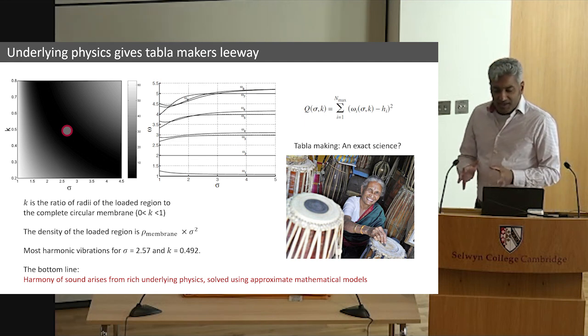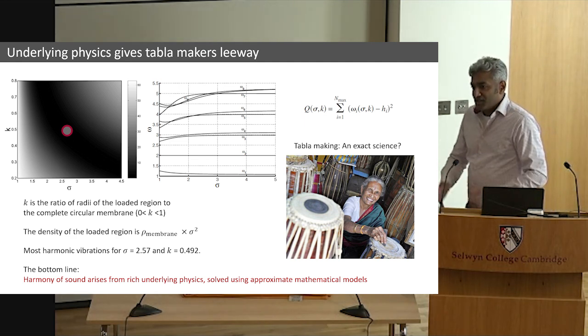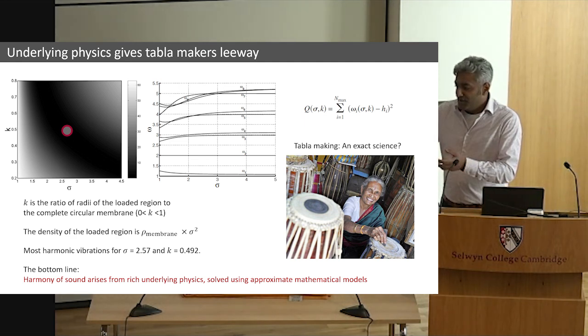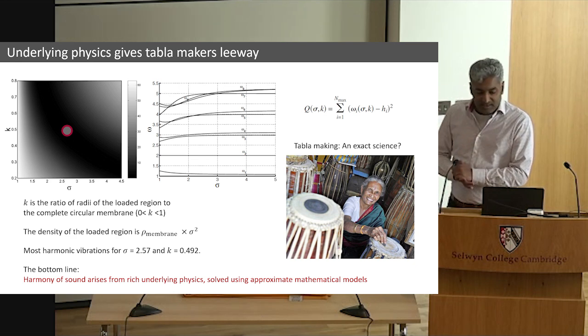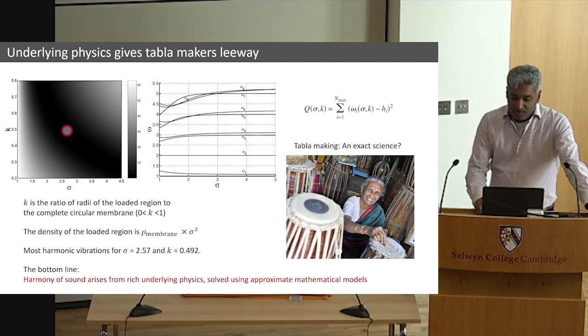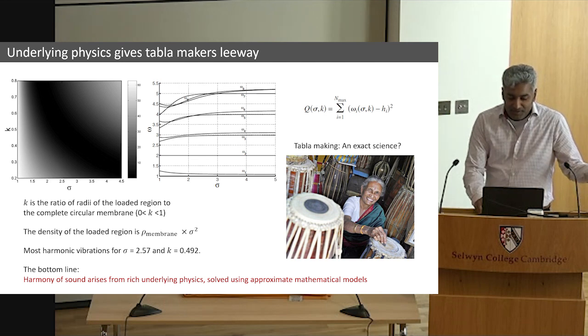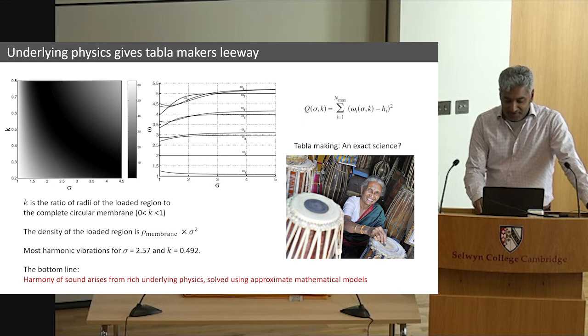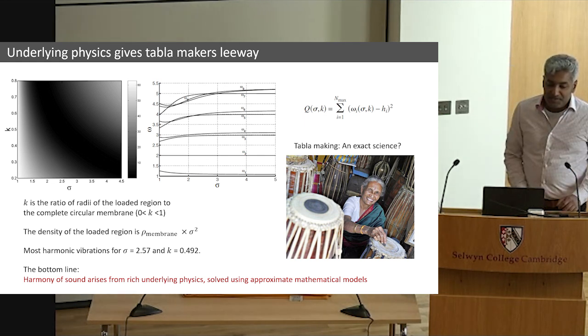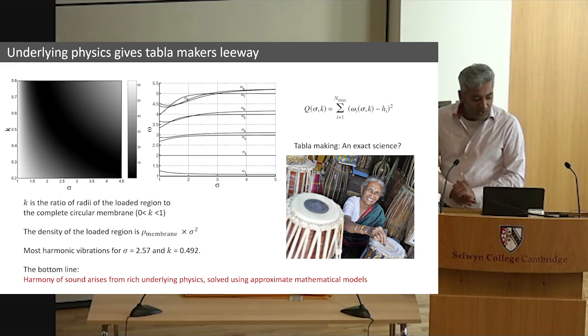And that's the reason why even very uneducated people can just take craft into a masterpiece, such as this over here. So, to keep in mind, harmony of sound arises from the rich underlying physics, solved using a very, very approximate mathematical model. So this brings me slowly to the end of my talk.